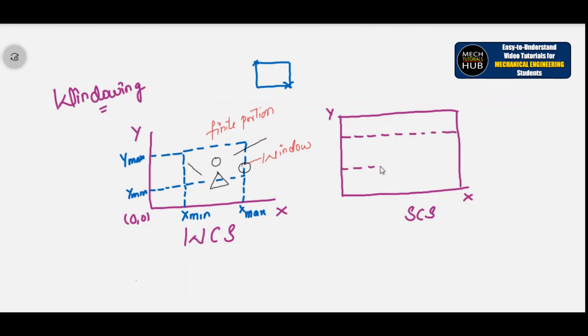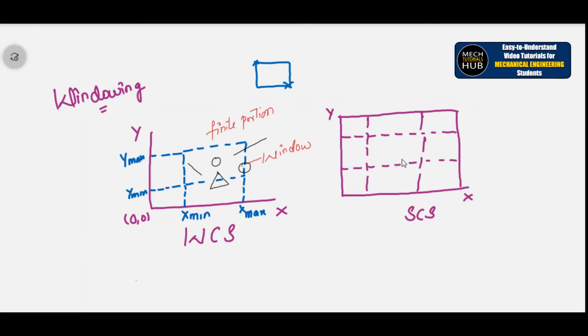Any screen monitor you consider, whether a laptop or a desktop, is going to divide the complete portion of the screen into 9 different segments. This is how it is going to divide: 1, 2, 3, 4, 5, 6, 7, 8, 9 different portions.